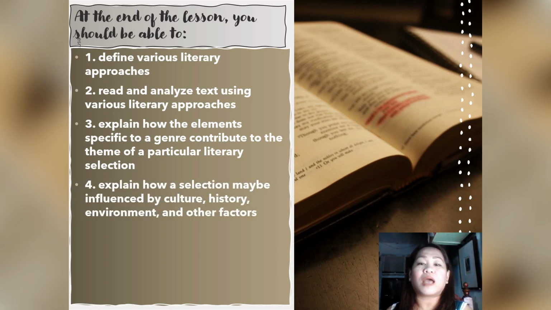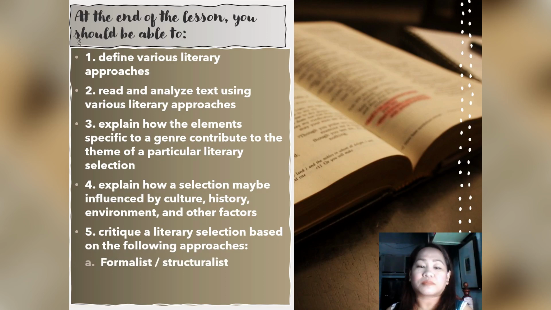And explain how a selection may be influenced by culture, history, environment, and other factors. And of course, to critique a literary selection based on the following approaches: formalists or structuralists, moralists, and Marxists.